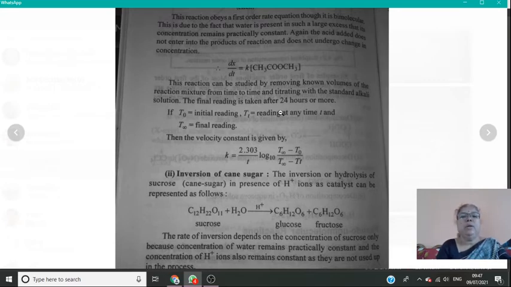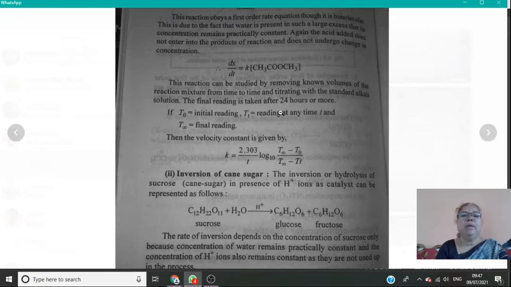In the first bottle we take 5 ml of methyl acetate. Then this bottle is stoppered, and we take precaution that this bottle must be dry and clean.